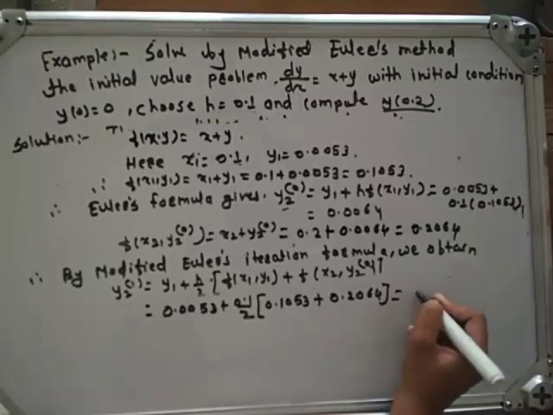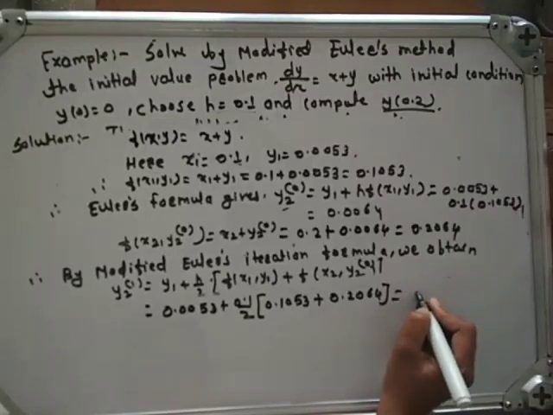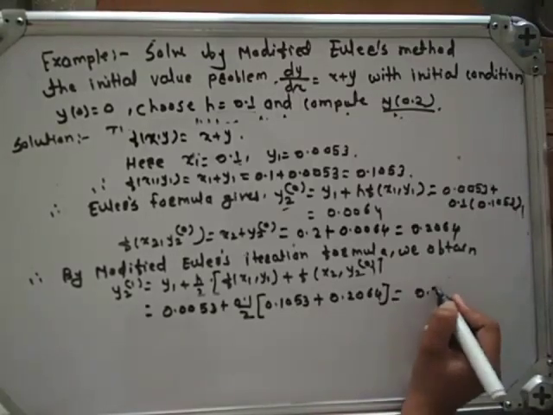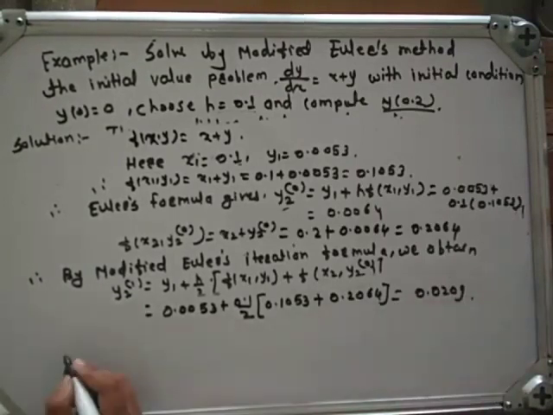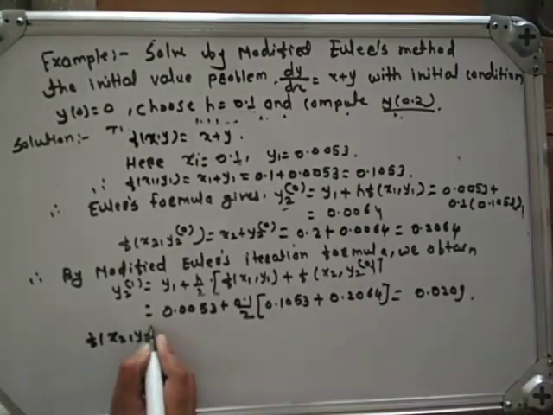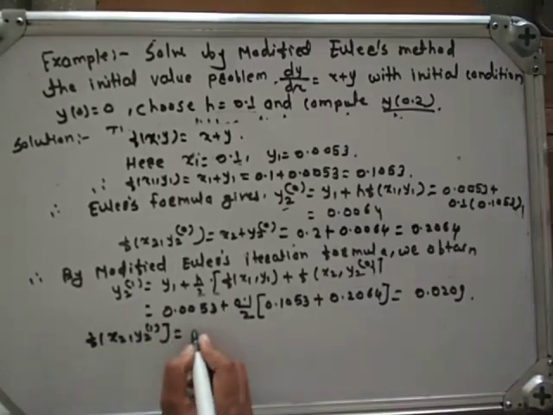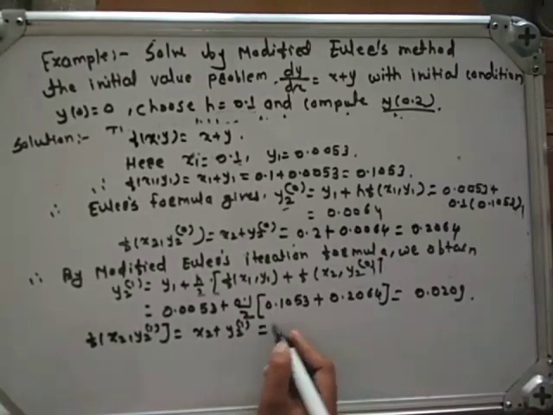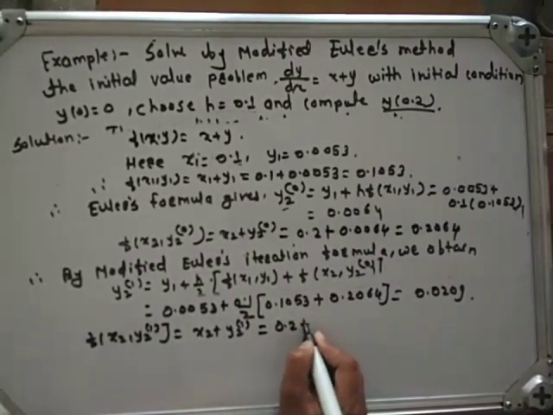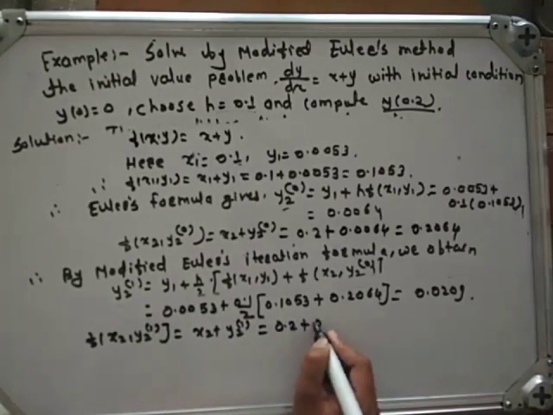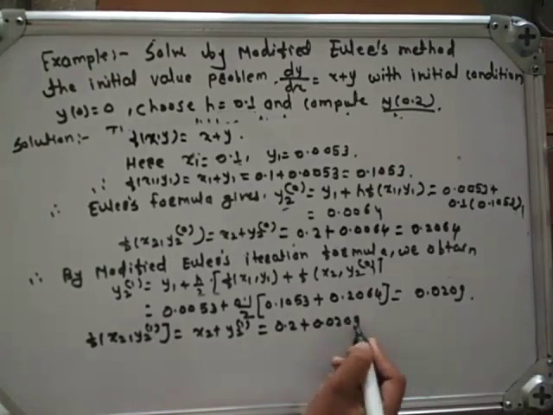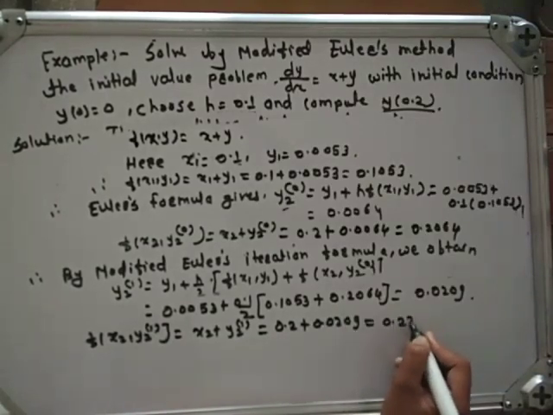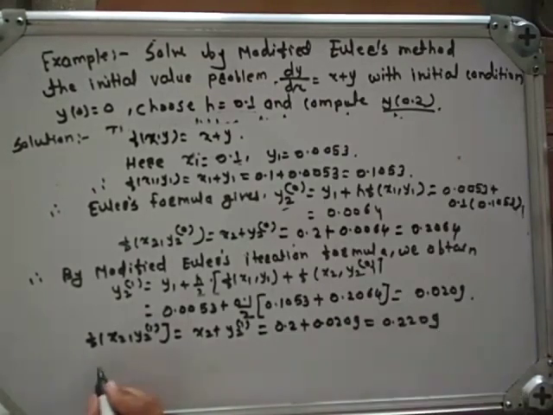Just calculate this on a calculator and you get the answer 0.0209. This is y2 1. So calculate f of x2, y2 1, which is x2 plus y2 1. Put values. x2 is 0.2 plus y2 1 is 0.0209. This is equal to 0.2209.